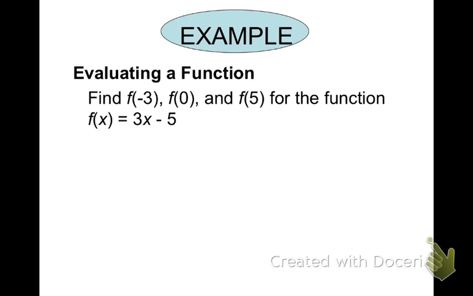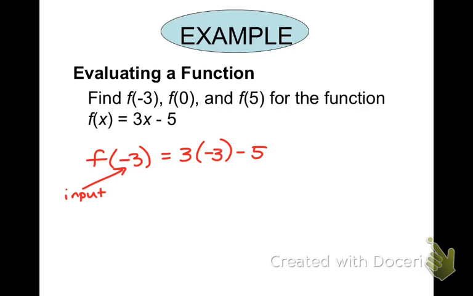So if I wanted to evaluate function f for the x value of negative 3, that negative 3 now becomes my input value into the function, which means I'm going to change my x to a negative 3. So if I were to input negative 3 into x, what would be my output?